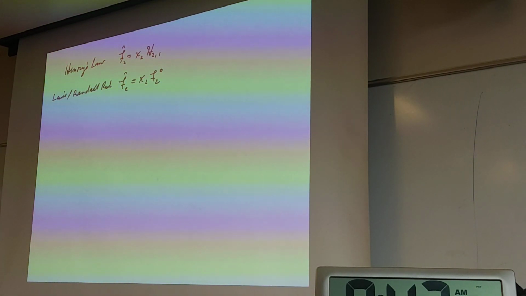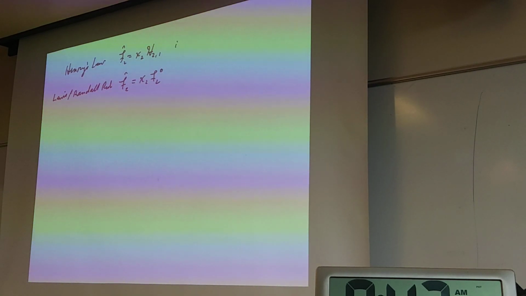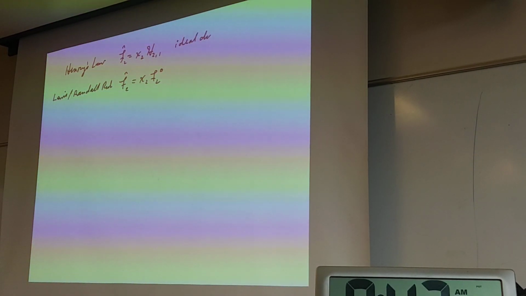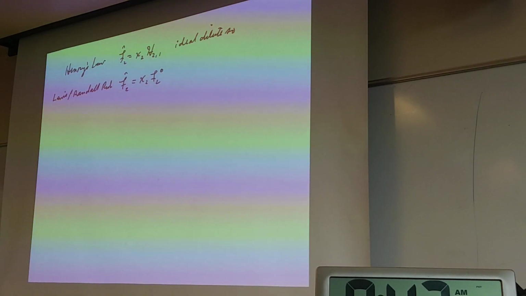And then for ordinary solutions, we've got the Lewis and Randall rule, which says that the fugacity is equal to mole fraction times the fugacity of the corresponding pure component. So what we've got here is what we might call an ideal dilute solution, and this is simply an ideal solution.